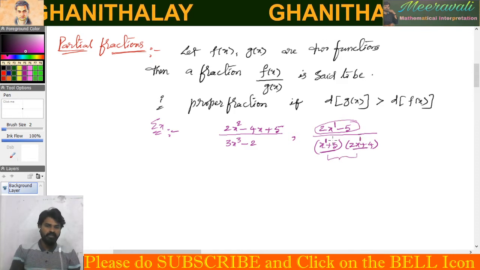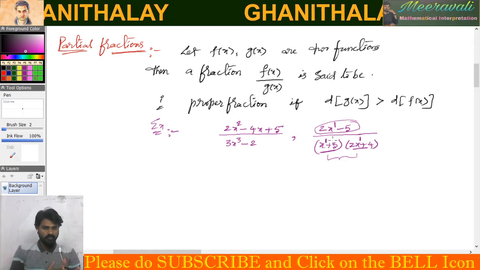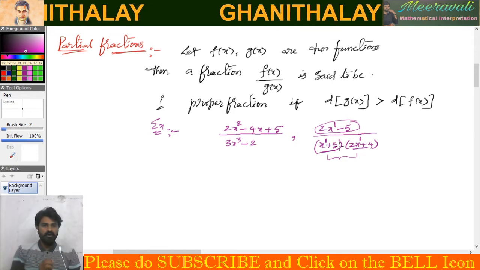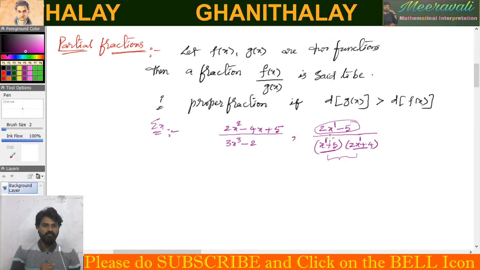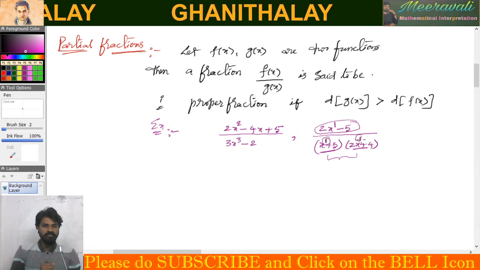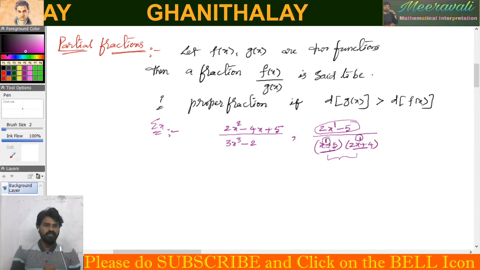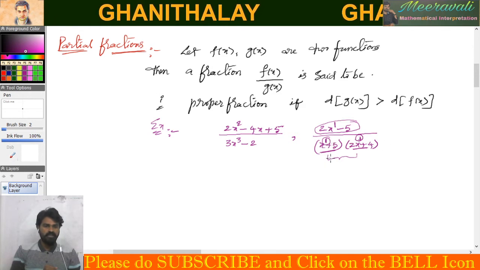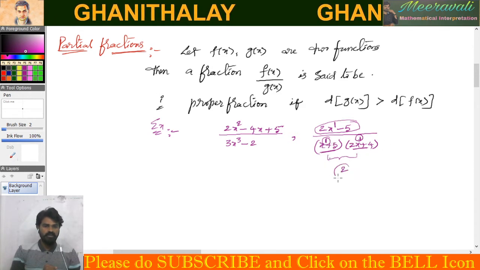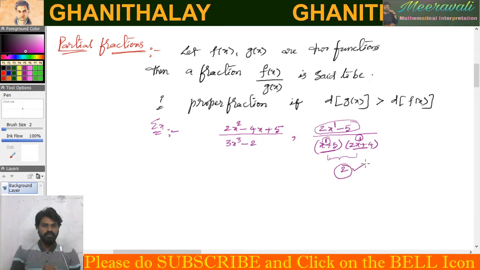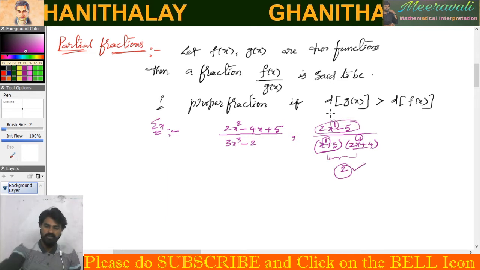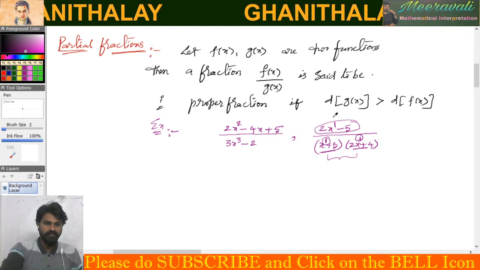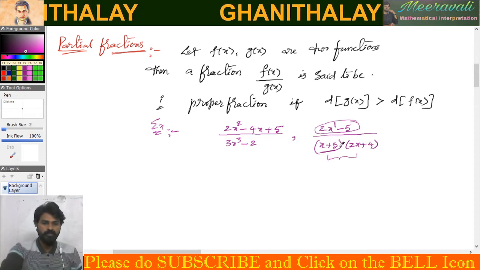Whenever we multiply two polynomials, the degree of the obtained polynomial is the sum of the highest degrees of the two products. So the degree of the total denominator is 1 plus 1, that is 2. So here the degree of the denominator is higher than the degree of the numerator. They are examples of proper fractions.